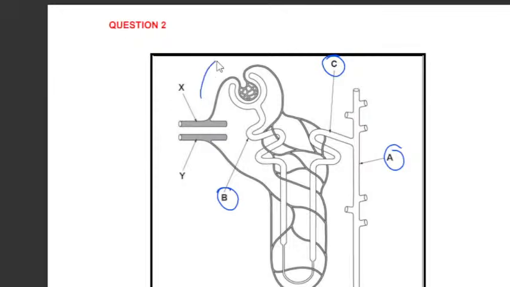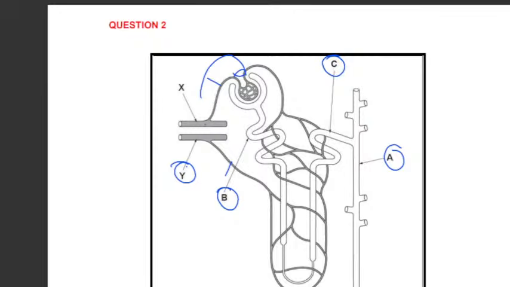Because this one brings blood here, it's going to be the afferent arteriole. And because this one takes what has been reabsorbed back to the blood, it's going to be the efferent arteriole.